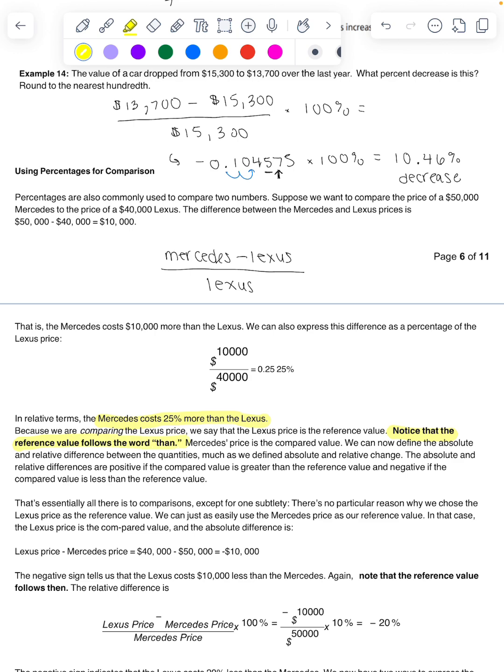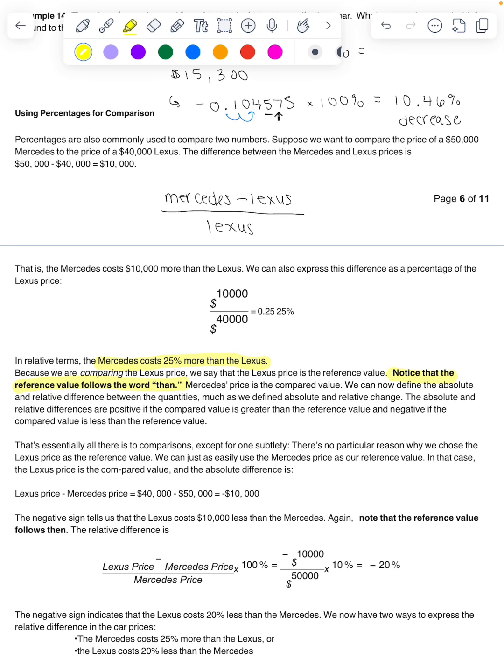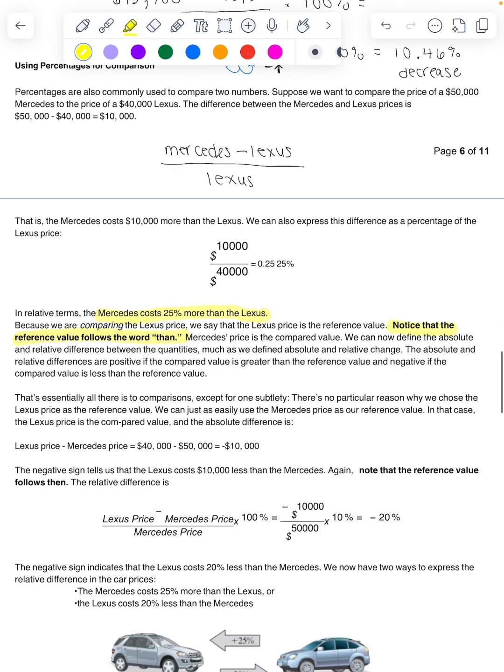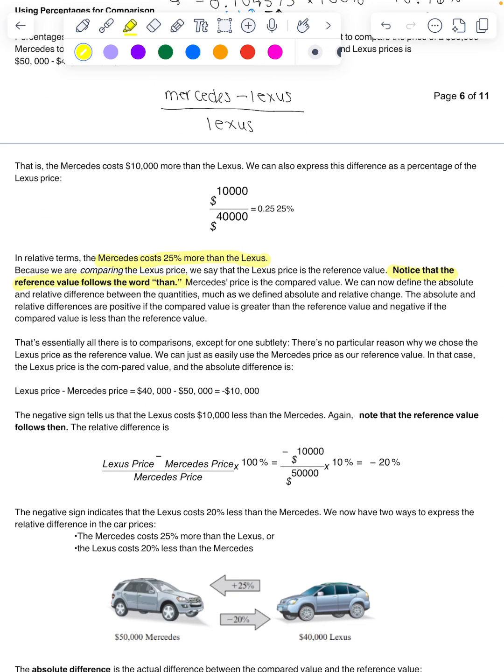Mercedes price is the comparable value, and we can find the absolute and relative differences, just like we defined absolute and relative change. So that's pretty much all there is to comparisons, except there's no particular reason why we choose one item as the reference value.